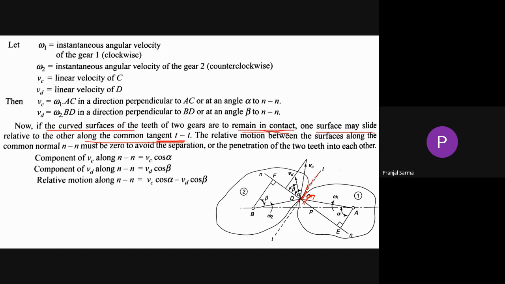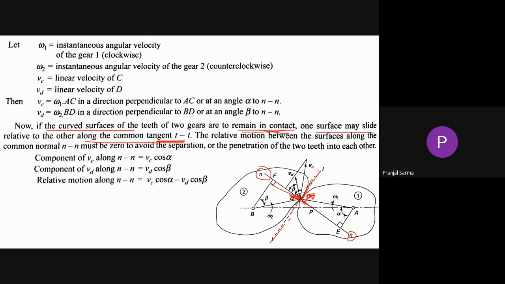This is a situation that is happening, or it can happen. But if you think of having any relative motion in this direction or that direction, what is this direction? This is n, that is the common normal direction.